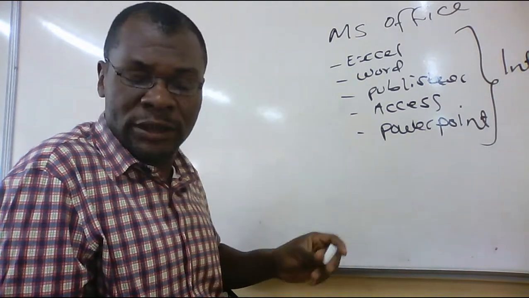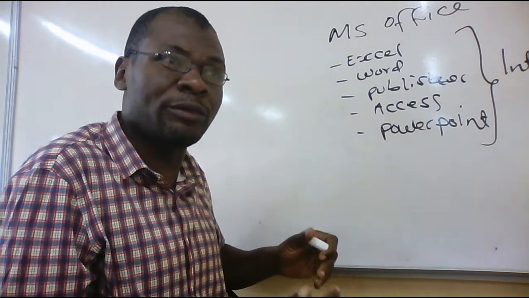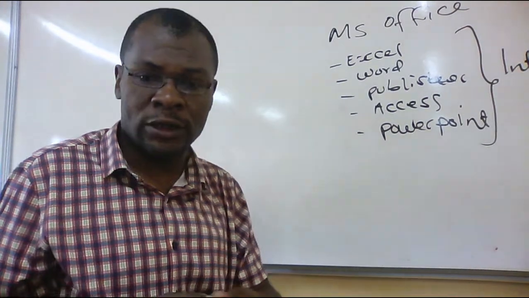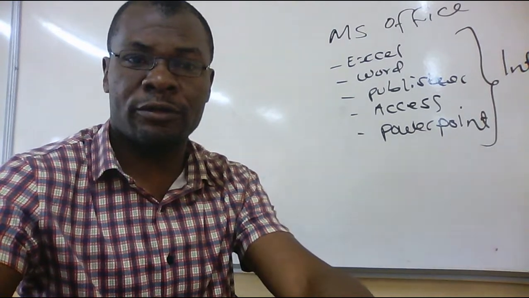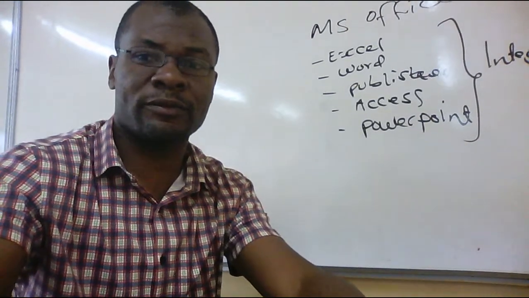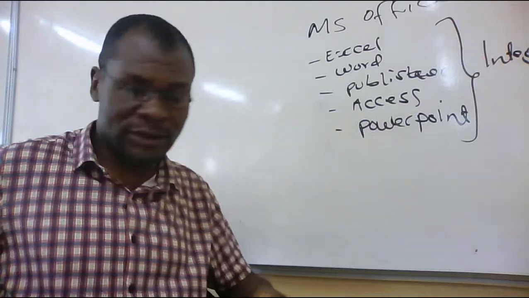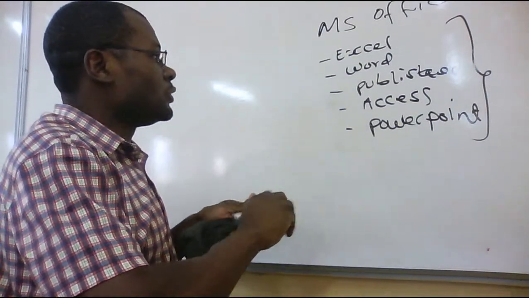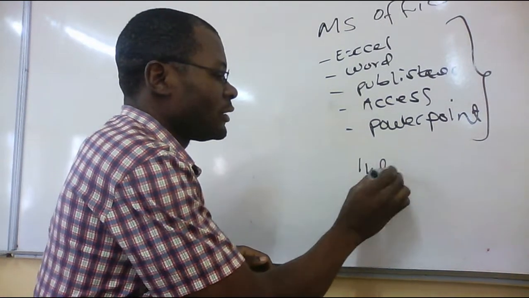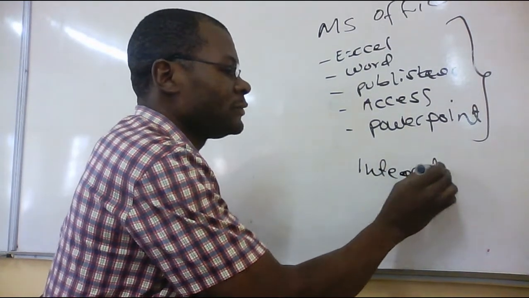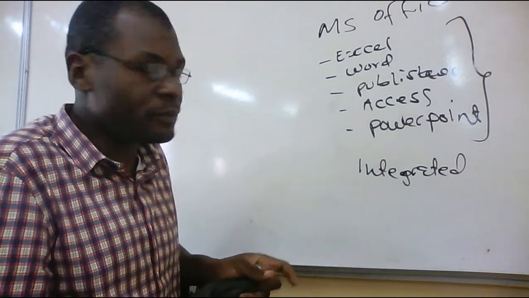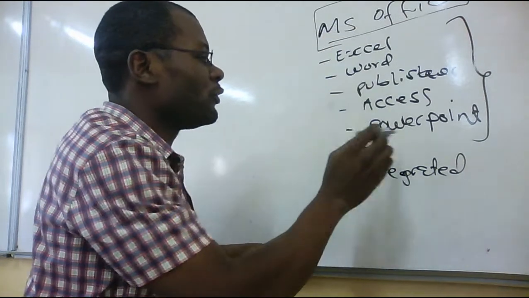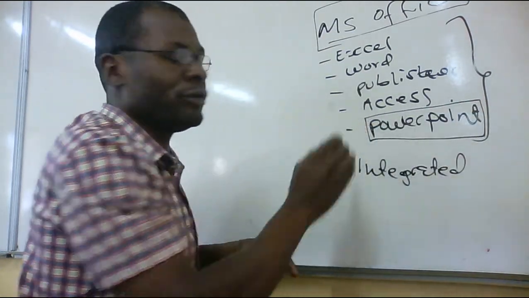So an application which has got more than one application in it is what we call integrated software. So amongst the Office applications, today I would want us to look at PowerPoint.